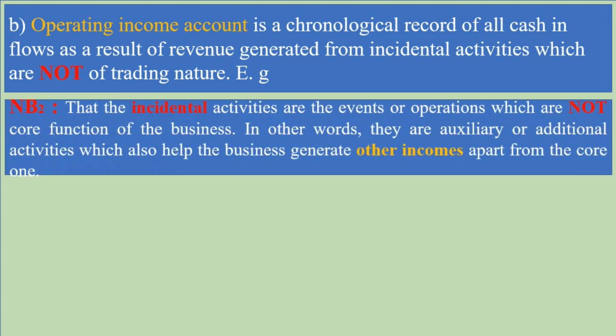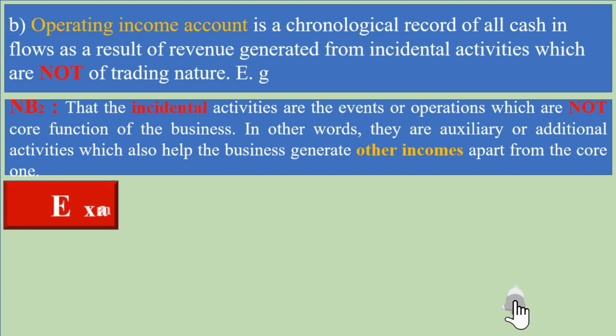Alright, so you need to note the following before I give you examples of these kinds of accounts: when we talk of incidental activities, we actually refer to events or operations which are not core functions of the business. In other words, they are auxiliary or additional activities which also help the business generate other incomes apart from the core ones.